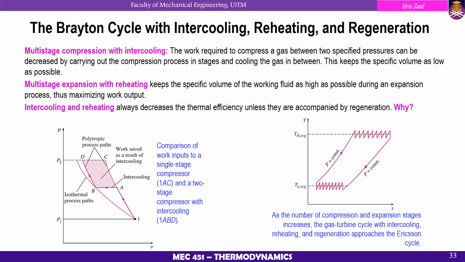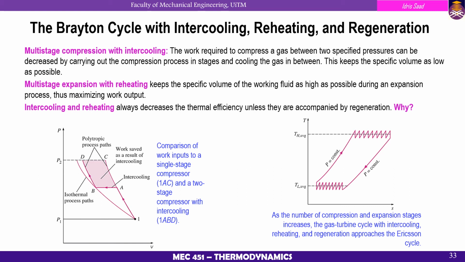This will keep the specific volume as low as possible. Multi-stage expansion with reheating will keep the specific volume of the working fluid as high as possible during an expansion process. Thus, it will maximize the work output at the turbine.